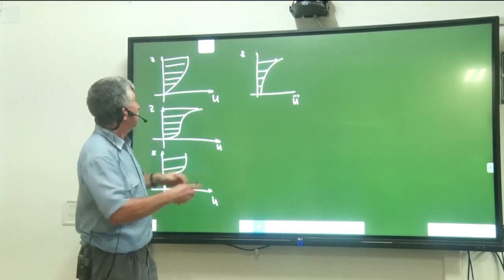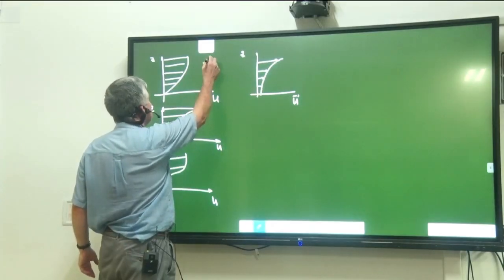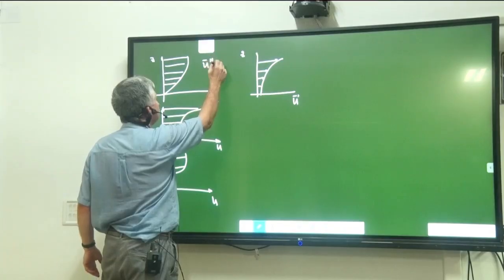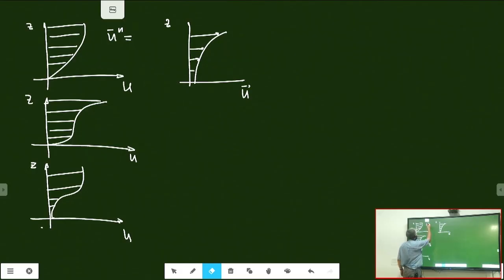Okay, so in this case, u double prime bar is equal to, well, rather not equal to, but what can you say about the sign here? Is the second derivative positive or negative? You sure? Z is this way, so you're covering the z direction, right?